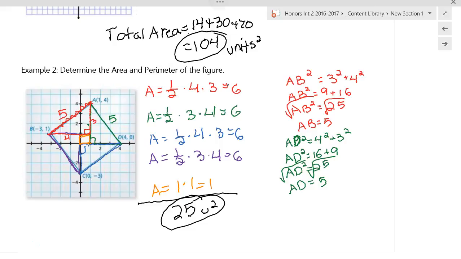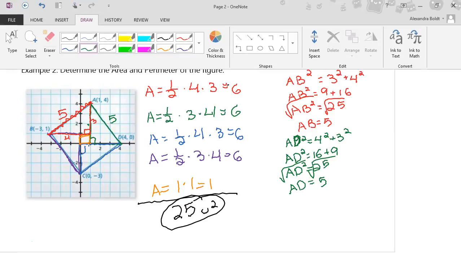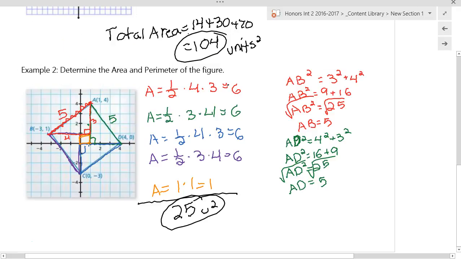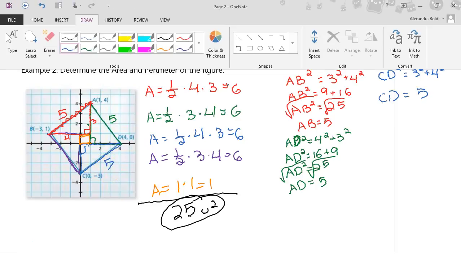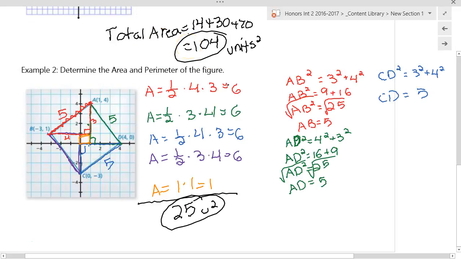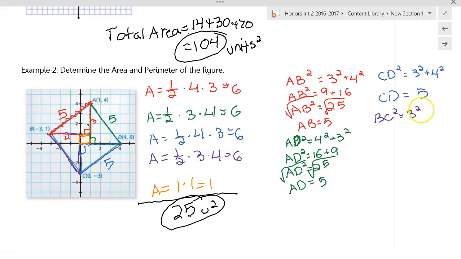And the blue triangle, same thing. So this is BC squared, I'm just using the letters that are given there. Equals 3 squared plus 4 squared. Again, this one's nice because they're all the same. I'm not going to continue to do the same thing. It equals 5. And then this side right here, the purple triangle, CD squared equals 3 squared plus 4 squared. It's the same triangle, so it equals 5.